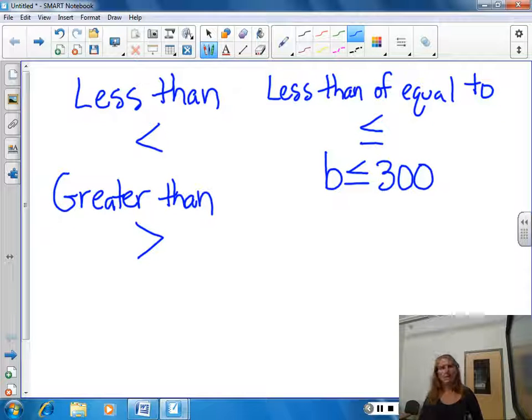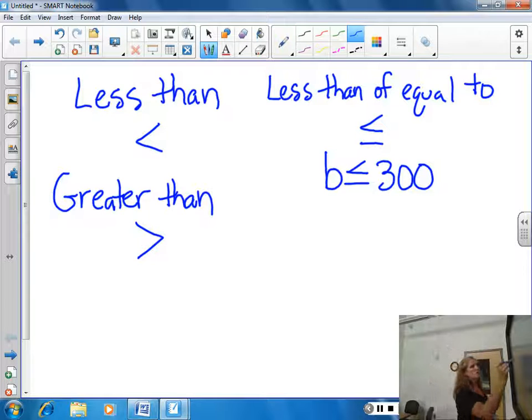Okay, if you want to go to high school, you have to be less than 21. Less than 21. As soon as you turn 21, you're done. But if you want to buy alcohol, then you can be greater than or equal to 21. As soon as you're 21, you could be exactly 21, you're golden, right?